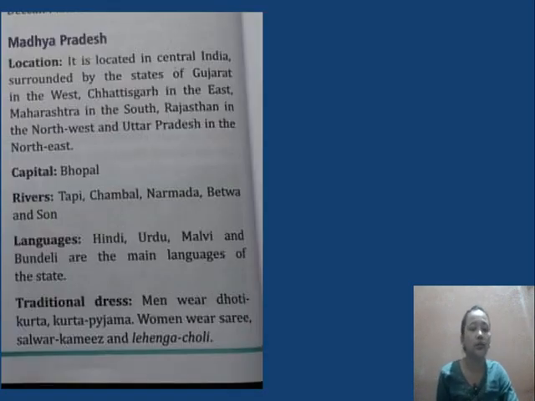So Madhya Pradesh, the location. It is located in central India, surrounded by the state of Gujarat in the west, Chhattisgarh in the east, Maharashtra in the south, Rajasthan in the northwest, and Uttar Pradesh in the northeast.